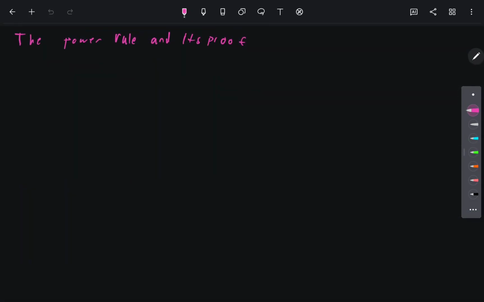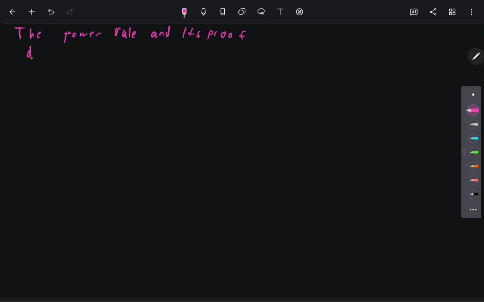All right. Now it is time for a wonderful proof. Let's remember just for a moment, what is the derivative of a basic polynomial, x to the n? Once again, we start out with what we know.